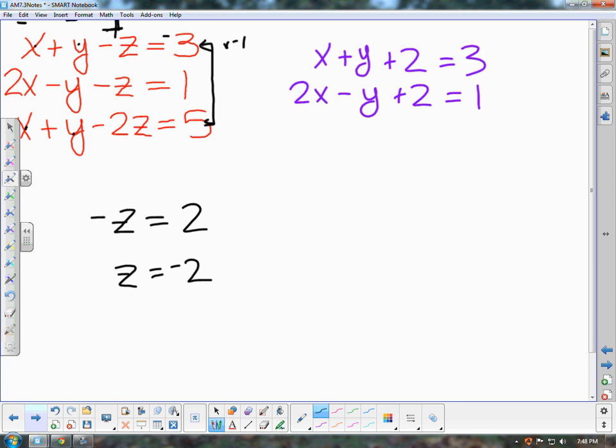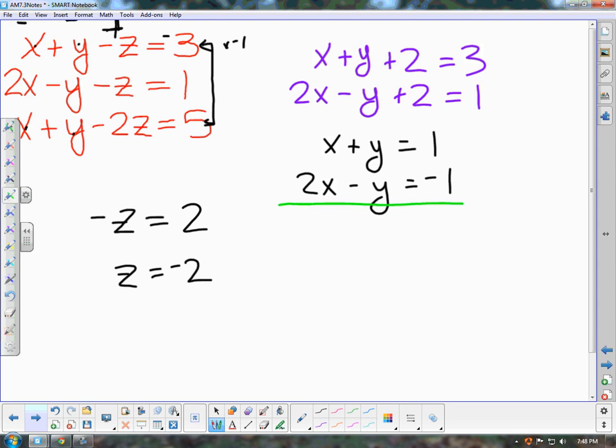Simplifying these, you would get x plus y equals 1, and 2x minus y equals negative 1. And look at that. You already have a y and a negative y, so we can add them together to get 3x equals 0. So x equals 0.